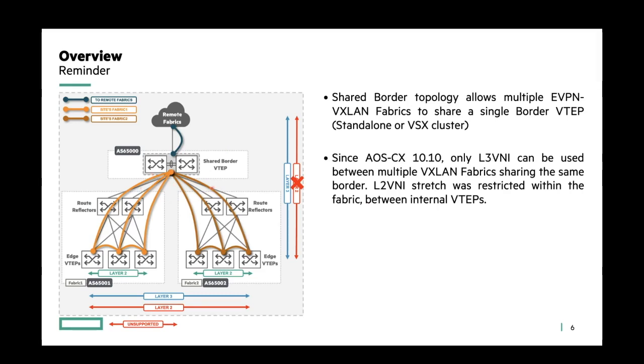But before AOS-CX 10.13, this topology supported only layer 3 VNI to be used across multiple fabrics. So it means that only the layer 3 traffic was forwarded between fabrics attached to the border. The layer 2 traffic was only restricted within each fabric. So we cannot get layer 2 extension between those two fabrics that you can see on the diagram.